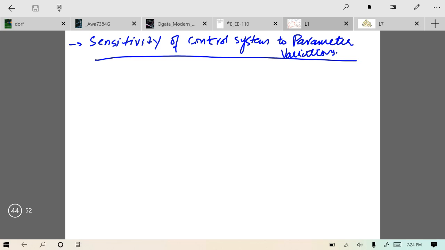If your system is performing well at 20 degrees centigrade and it doesn't perform equally well at 50 degrees centigrade, then you can say that your system is sensitive to temperature variations.